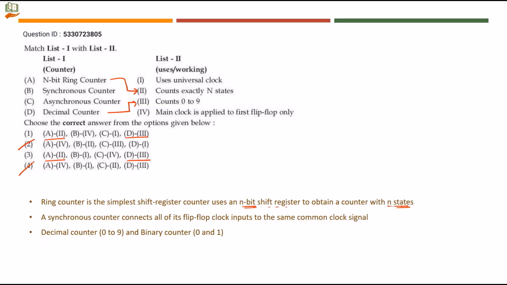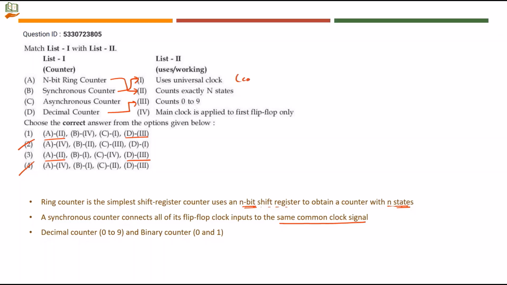What about synchronous counter? It connects all of its flip-flop clock inputs to the same common clock signal. When they say same common clock signal, you can equate it to universal clock. So, synchronous counter will be mapping to option 1, uses universal clock.